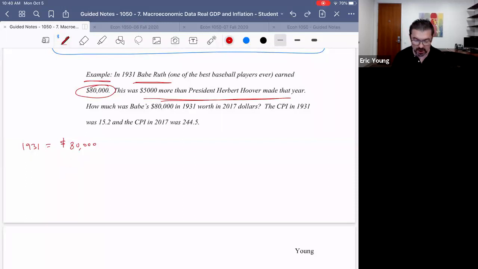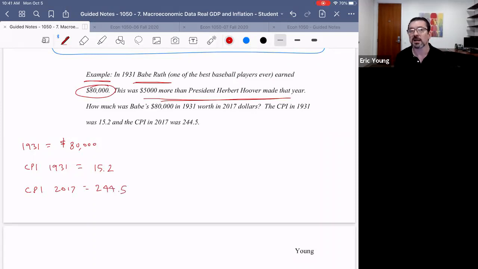So we can do an adjustment. We know that the CPI in 1931 was equal to 15.2. That's the price index. We also know that the CPI in the year 2017 was equal to 244.5. That's also the price index.